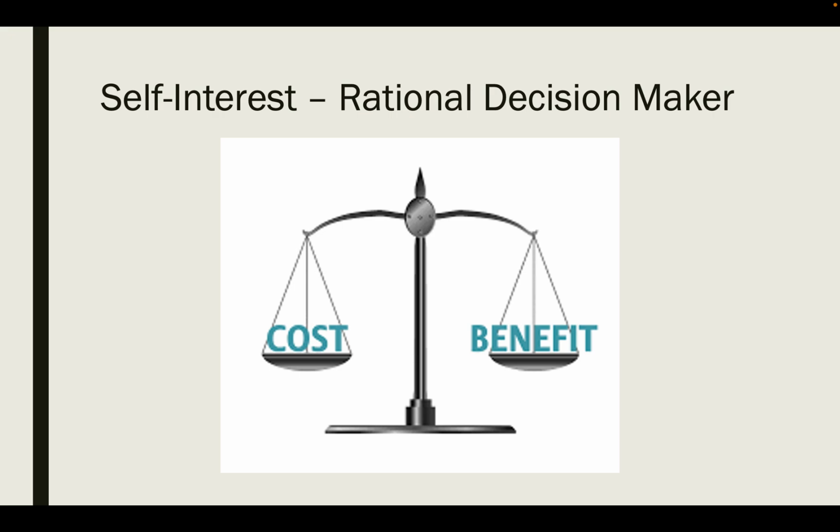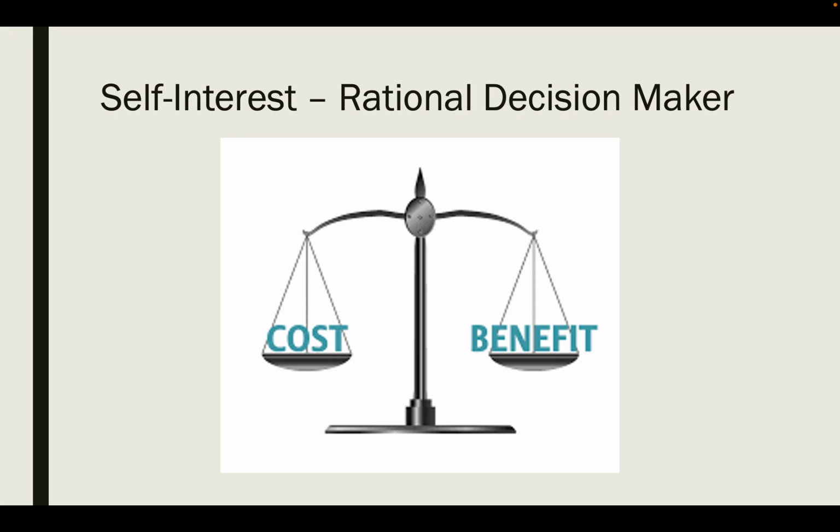When making these choices, going back to this idea that we have scarcity, which requires us to make choices, when you're making a choice, people tend to look out for their own self-interest. And we assume in economics that you are a rational decision maker, and the two things that you are going to look at in making a decision is the cost to you and the benefit to you.